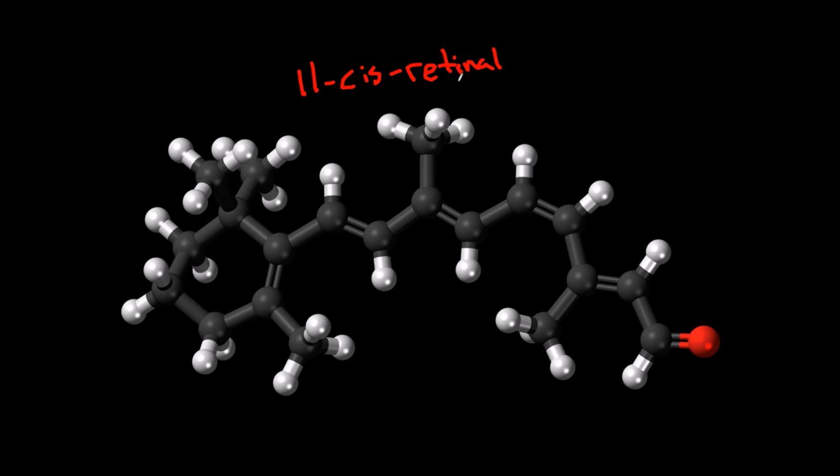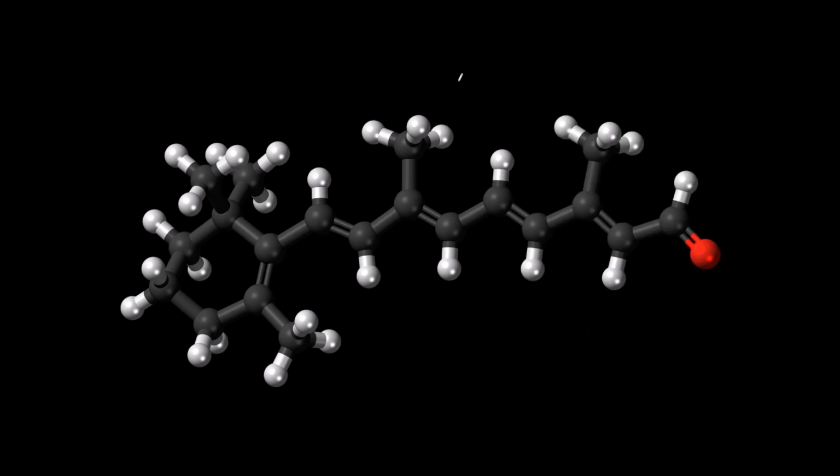What happens is when a photon interacts with this molecule in the correct way, or the correct type of photon does, it is going to change 11-cis-retinol into this, which is trans-retinol, or all-trans-retinol, and is going to make that conformational change and begin the whole process.